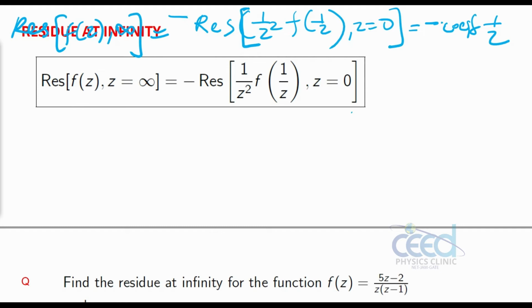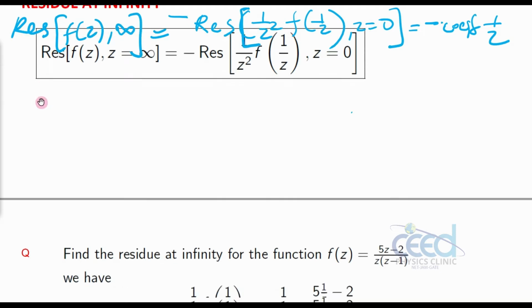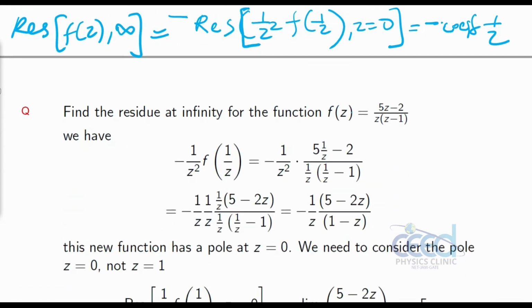Now we can do some problems based on this, right? The first problem: find the residue at infinity for the function f of z is equal to (5z minus 2) divided by z into (z minus 1).